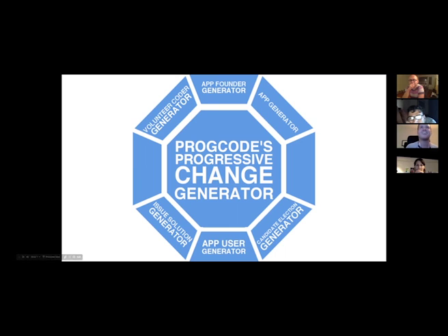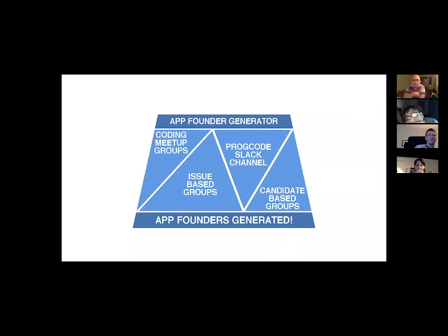Anyway, so the first one is the app founder generator. It is a way for us to bring on more people who want to create apps. The way we can help bring on more of those people and get them more engaged is firstly to bring in more of those people.